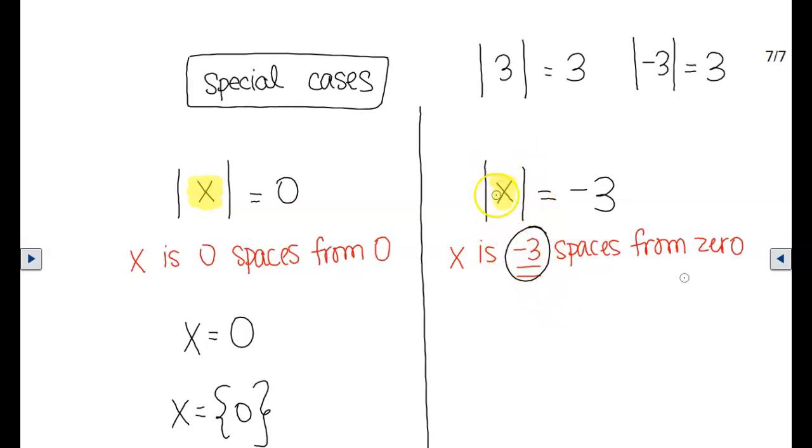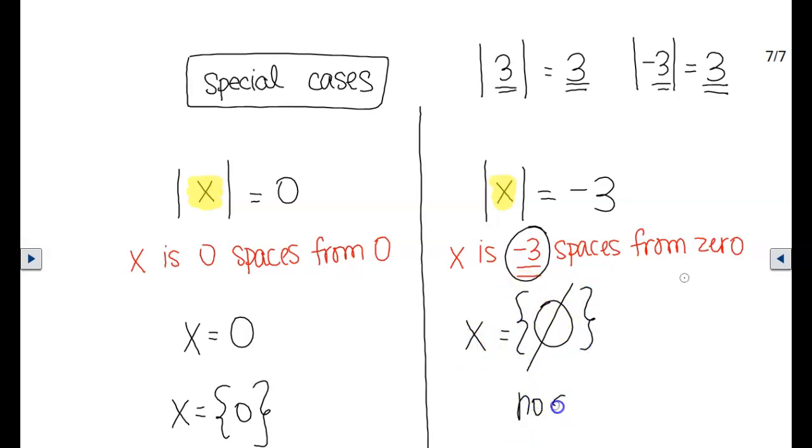The absolute value of x can't be a negative number, because we've seen that absolute value takes positives and leaves them positive. It takes negatives and turns them positive. So this has no solution. And to write no solution, you can put that 0 with a slash through it. And it's no solution because I can't be negative 3 spaces away from 0.